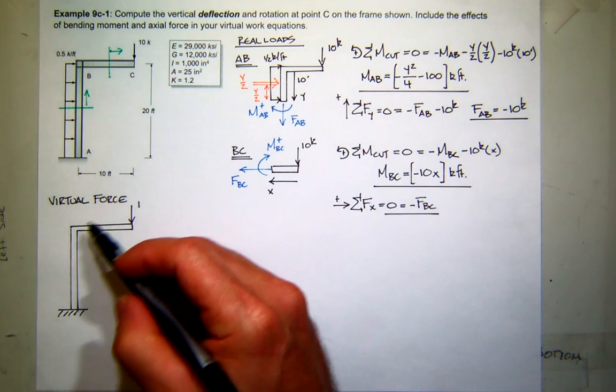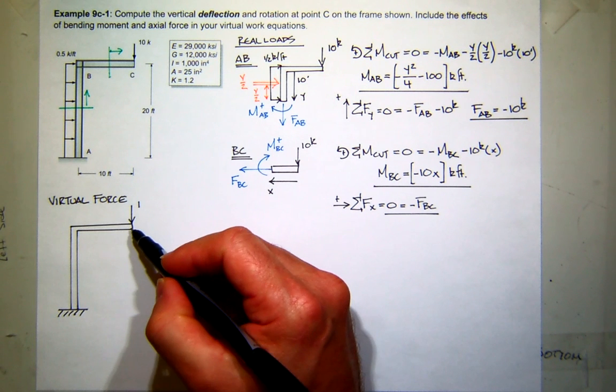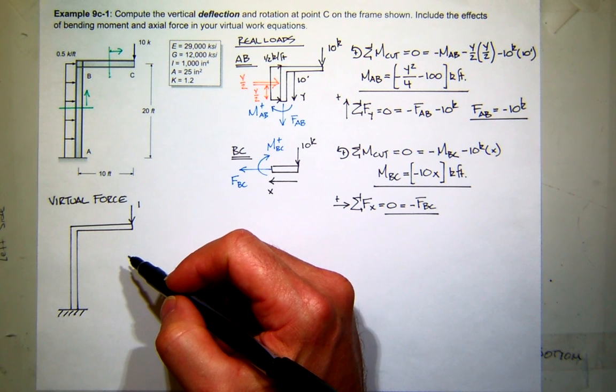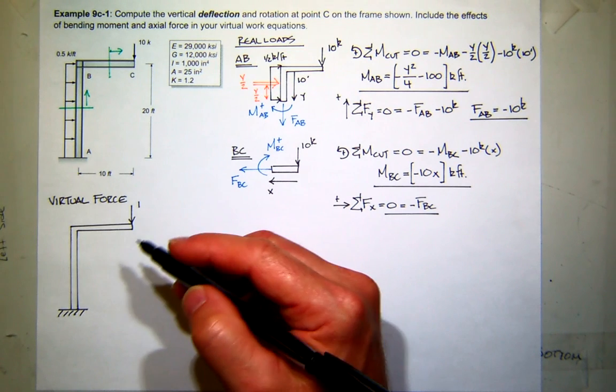By assuming it's acting down, that assumes that point C is going to move down. If I get a positive result, that's correct. If I get a negative result, it's actually up.